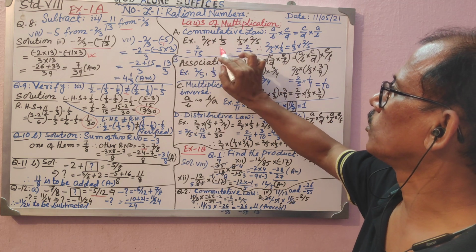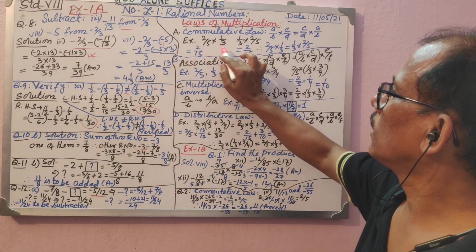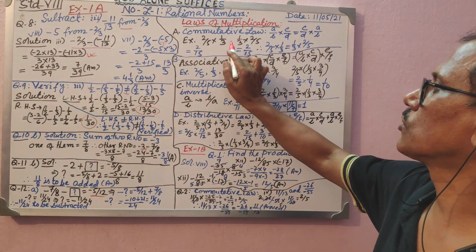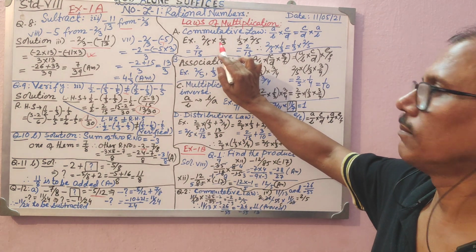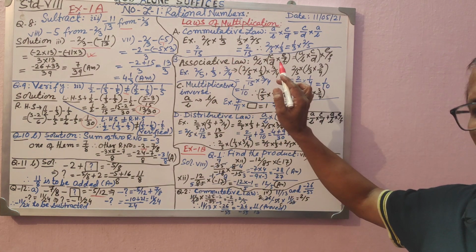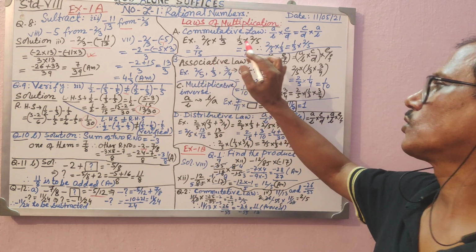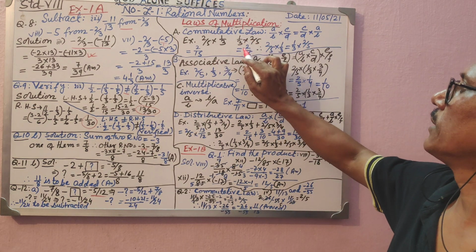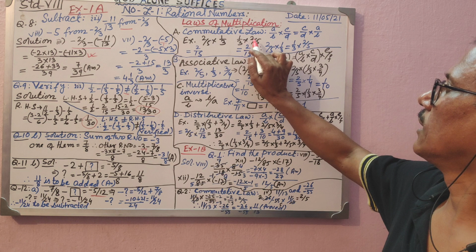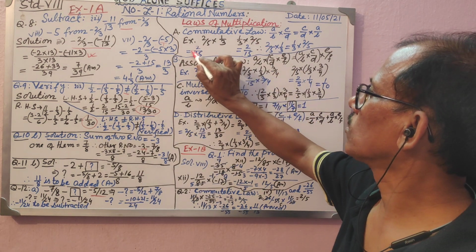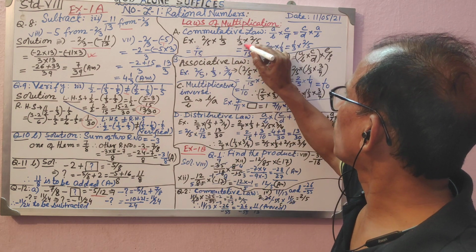So 2 into 2 by 15 it will become. Now just change the order: multiplicand goes to multiplier, and multiplier comes to multiplicand. That way you do 1 by 3 into 2 by 5. If you do it, then also 2 by 15. So this side also 2 by 15 and this side also 2 by 15.